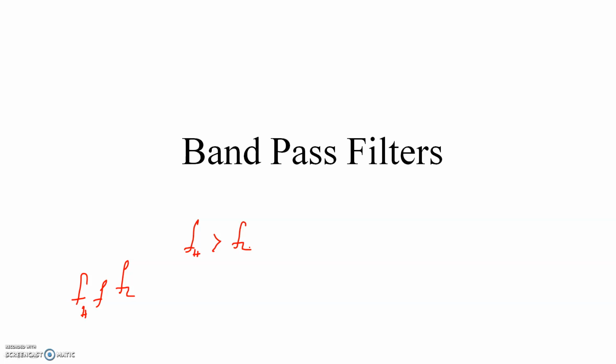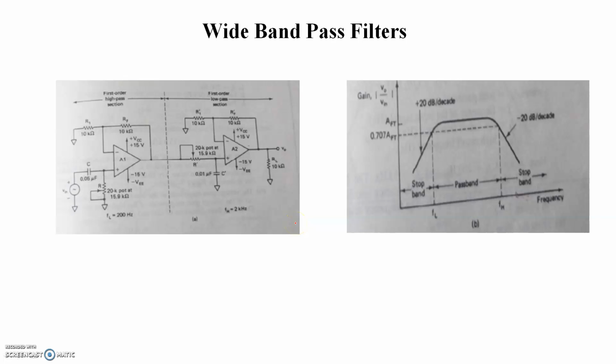Bandpass filters are basically classified into two types: wide bandpass filters and narrow bandpass filters. We cannot say that there is a correct borderline between wide bandpass filters and narrow bandpass filters.